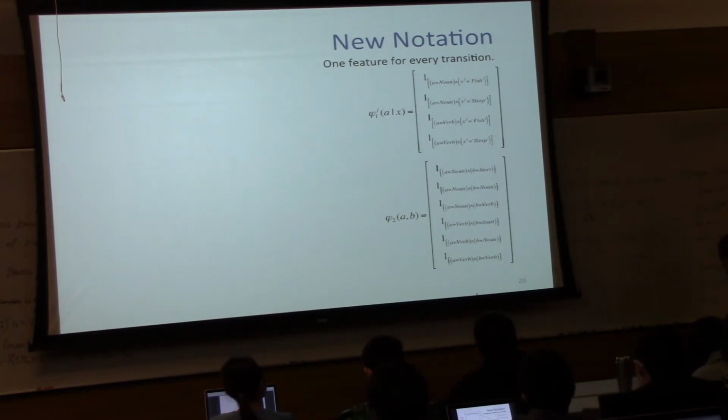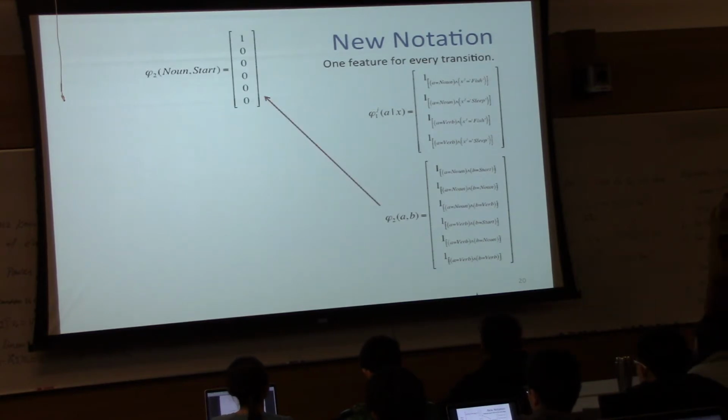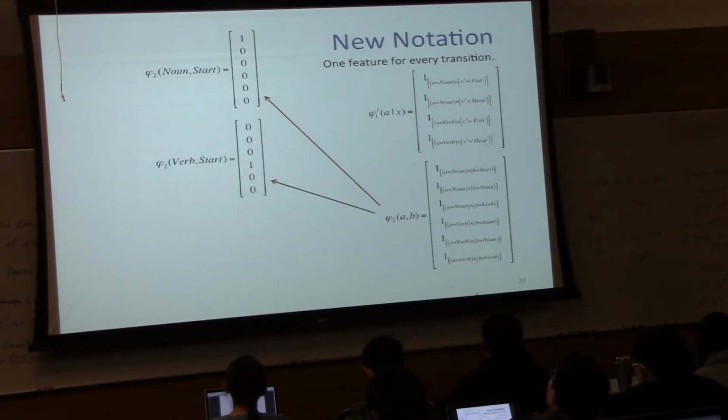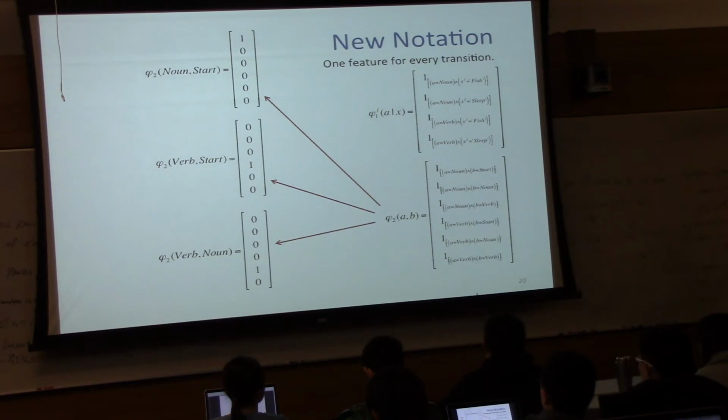Again, if you think about that transition matrix of parameters A, if we flatten it, you can think of this as indexing into a flattened version of that parameter matrix. For example, phi sub 2 of noun comma start is 1 in the first feature dimension, 0 everywhere else. The transition feature on verb comma start is 1 in the fourth feature, 0 everywhere else. And so on and so forth.